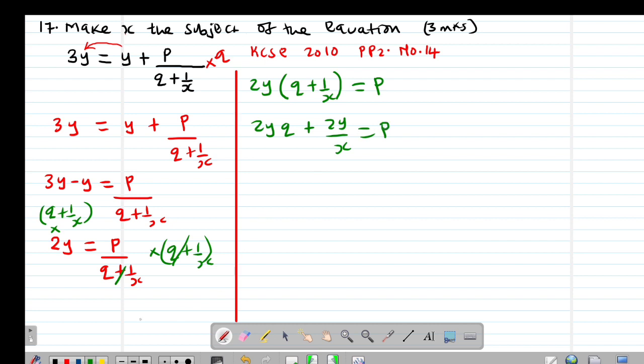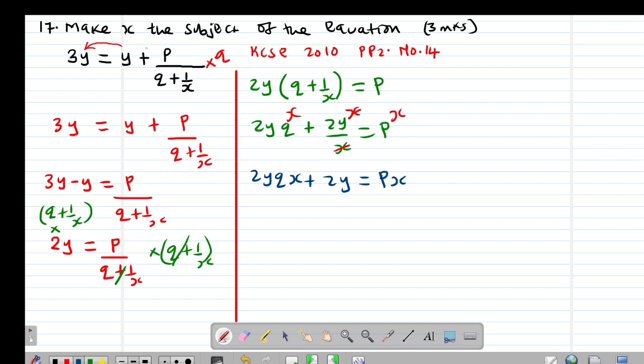Still we have a fraction, so to eliminate the fraction I also multiply through by the LCM. The LCM is x, so I'll multiply by x and the x will cancel out here. So the answer would remain to be 2yqx plus 2y is equal to px.